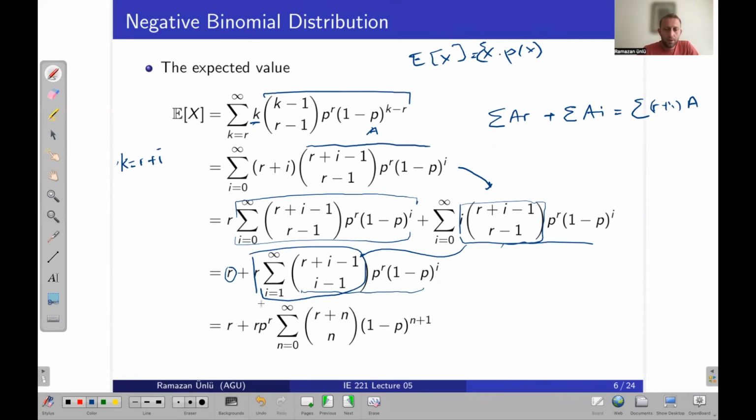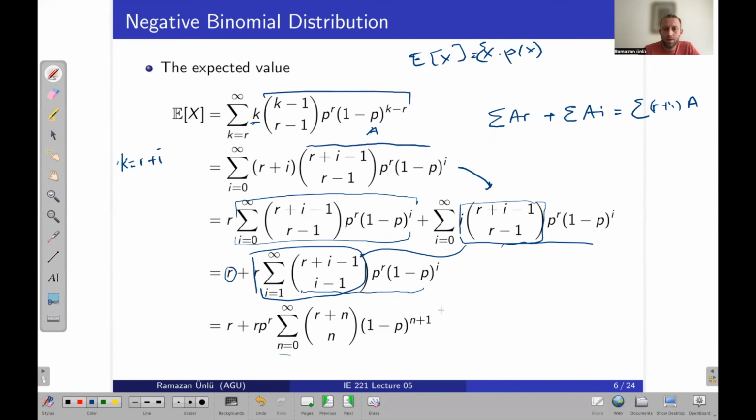So here, let's change the index again. Instead of using i, let's change the index to n, and n is simply i minus 1.